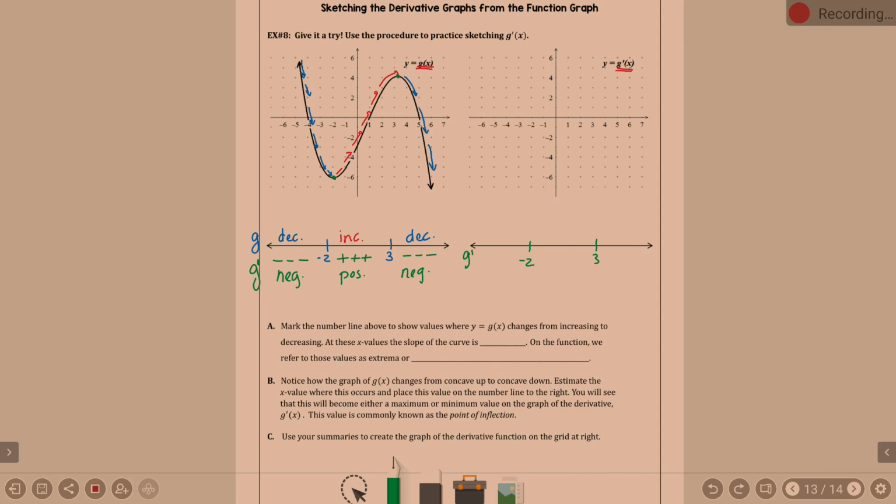Because we have here a min, and here we have a max. And so with that in mind, my slope is going to be 0 at those points. Okay. And what do I mean if we're talking a 0? What's that going to mean when we get over here? That's an x-intercept, isn't it?